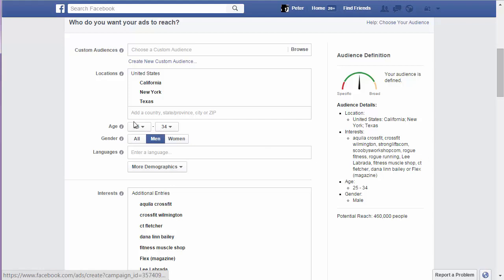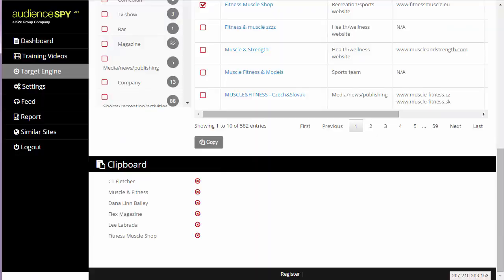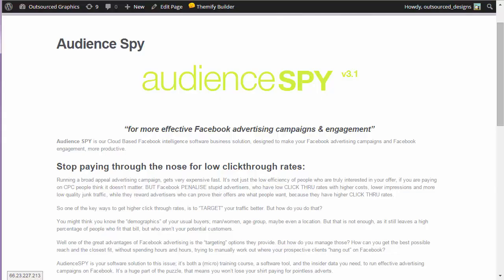We've also done some demographics here now, incorporating the insights, but we only got the insights because audienceSPY gave us the criteria to find that out in the first place.